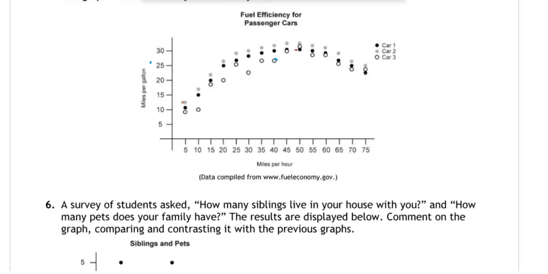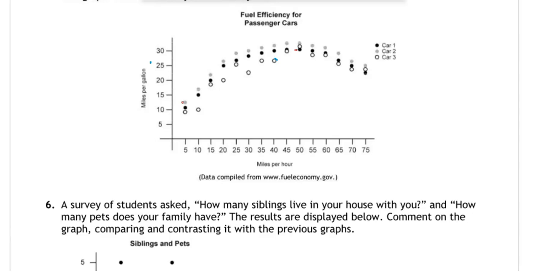And it's getting that at about 50 miles an hour. That's pretty good. And then going down here, that's when it starts to decrease. So as you get above that, it starts to decrease in gas mileage. And then car two, it's kind of saying along the same lines, going up to 50, and then it starts to decrease back down. Car three seems to be a bit scattered.